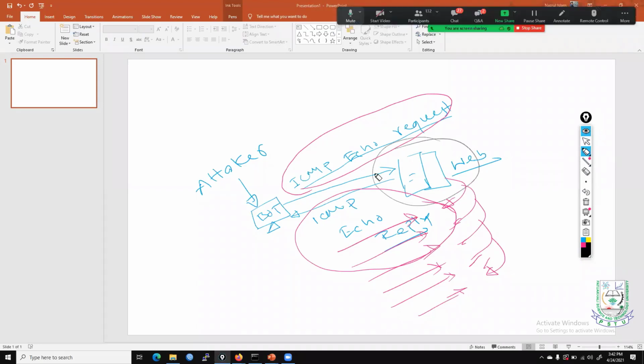The main service will be hampered, right? The legitimate requests to the server will be hampered. That's why DDoS happens using ICMP, what we call the ping flood.